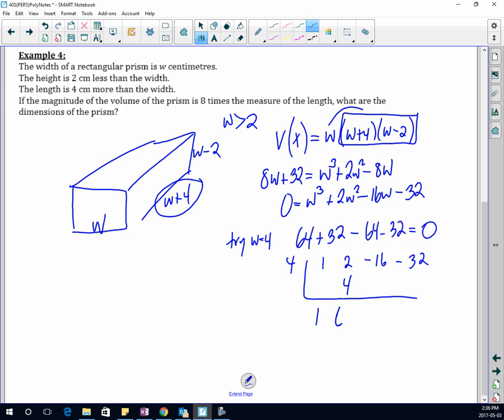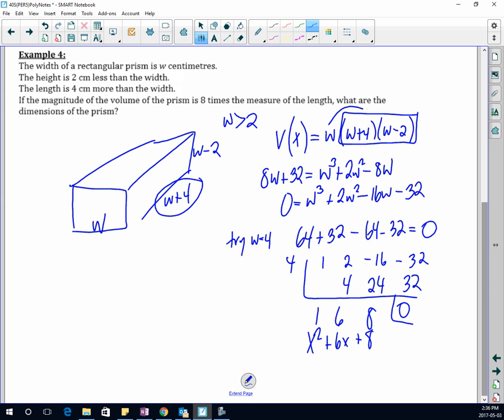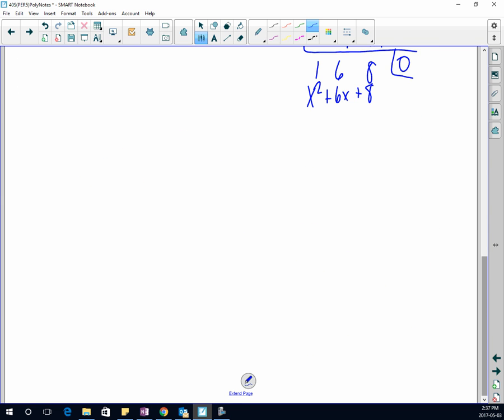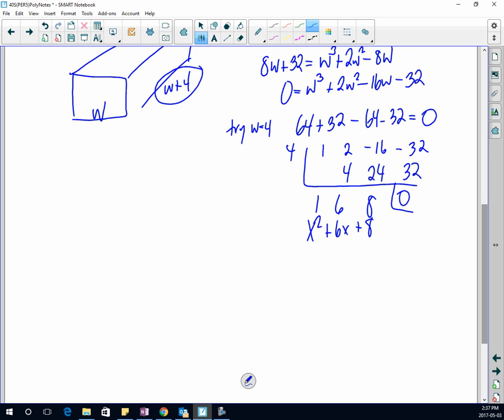Bring her down, multiply. Bring her down, multiply. We get 0. So that represents x squared plus 6x plus 8. Does that factor? It does. x plus 2 times x plus 4.